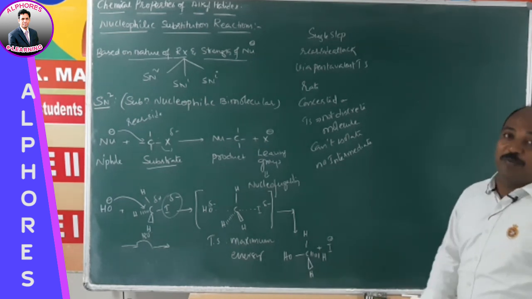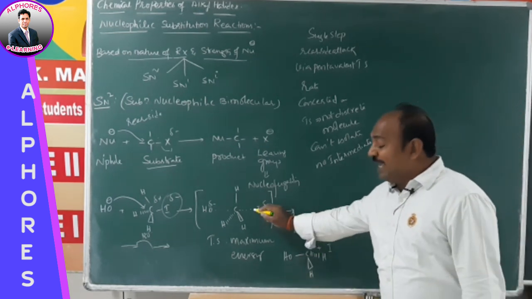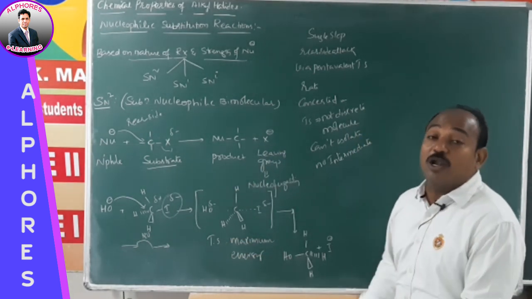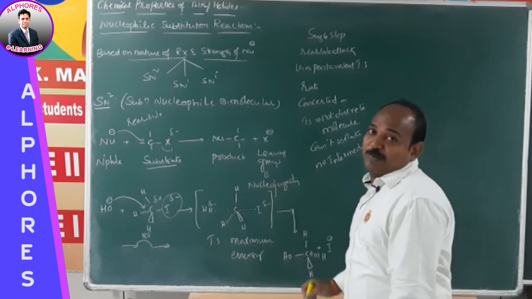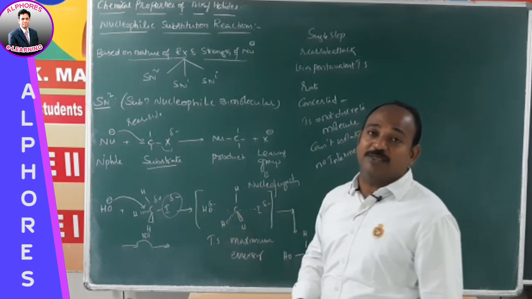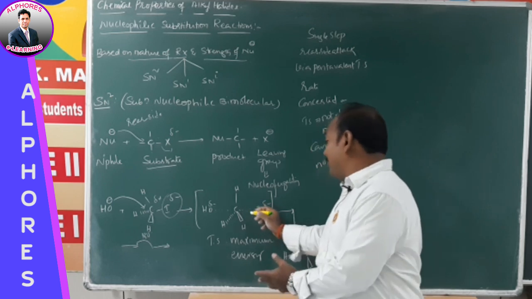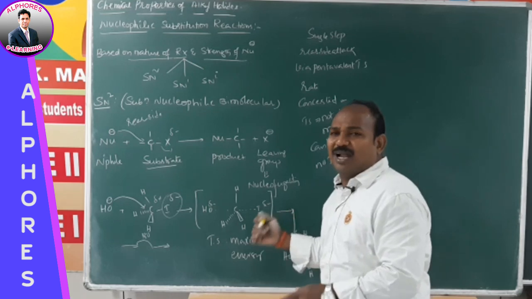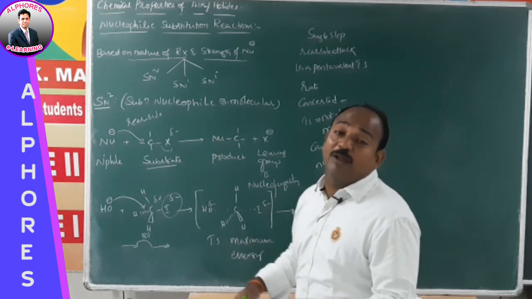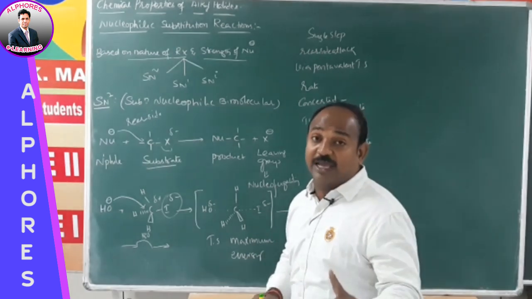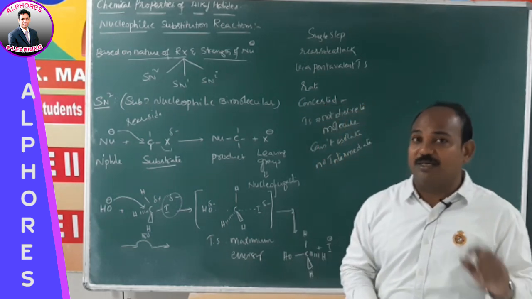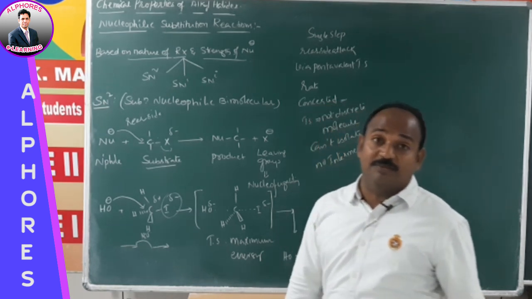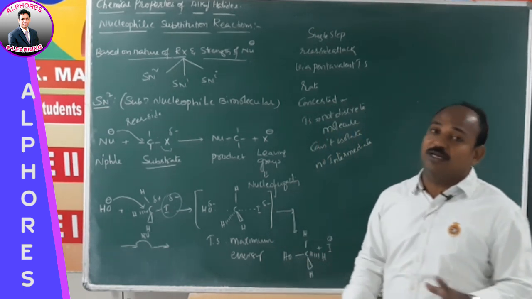Concerted mechanism means bond breaking and bond forming take place at a time. It's not like bond breaking takes place first and later bond formation takes place, like earlier, where first the leaving group has to leave and then the attacking group slowly comes. Not like that. All bond breaking and making takes place at a time. That we call a concerted step. So the SN2 mechanism is a concerted mechanism.